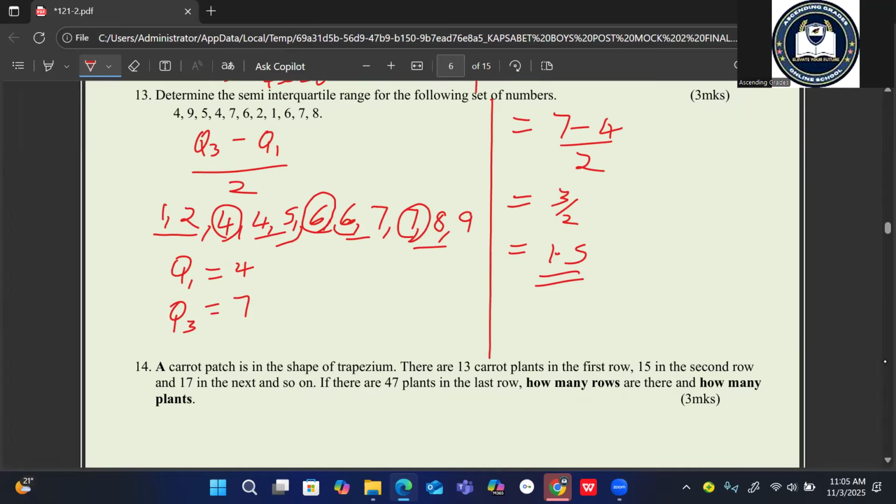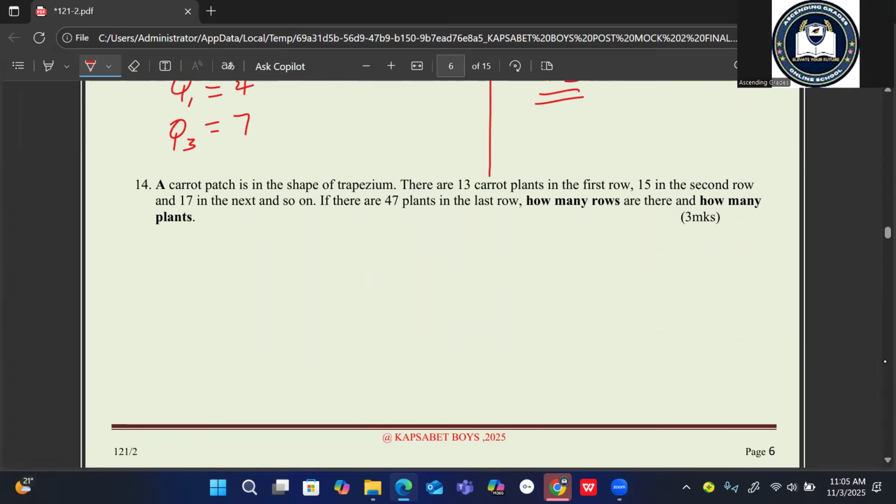And how many plants? So a carrot patch is in the shape of a trapezium. There are 13 carrots in the first row, 15 in the second row, and 17 in the third row.